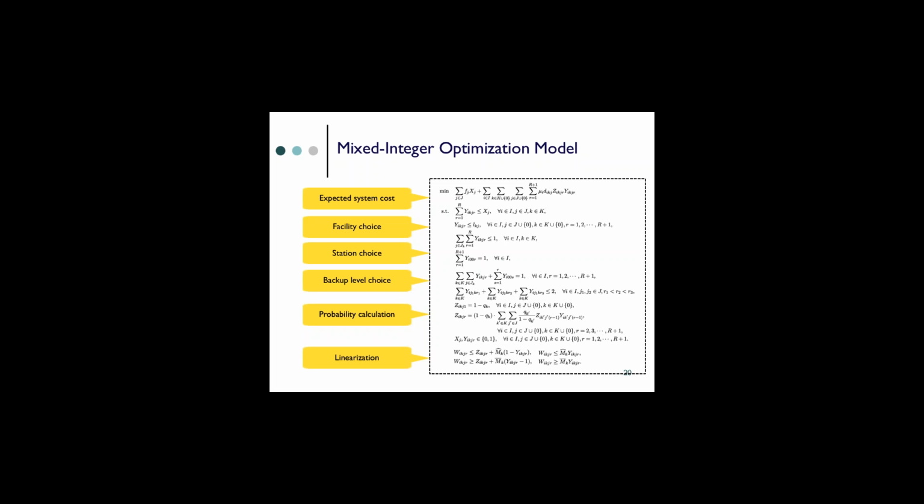As you can see, this model involves a large number of integer variables, which makes it extremely complex to solve. We have tried to use commercial solvers like Cplex to solve it, but usually the computation time is unbearable and the final optimality gap is too large.